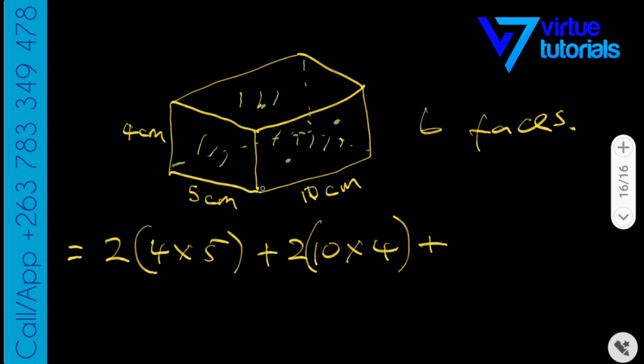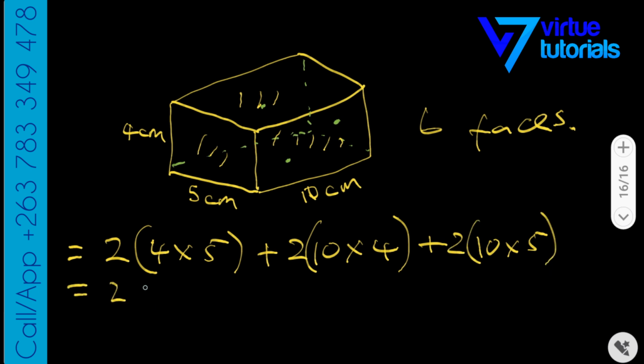Lastly, we've got the area of the rectangle at the bottom, which has a 5 and a 10. So the area of that one will be 10 times 5. But this one at the bottom is the same as the shape at the top, so we multiply by 2.